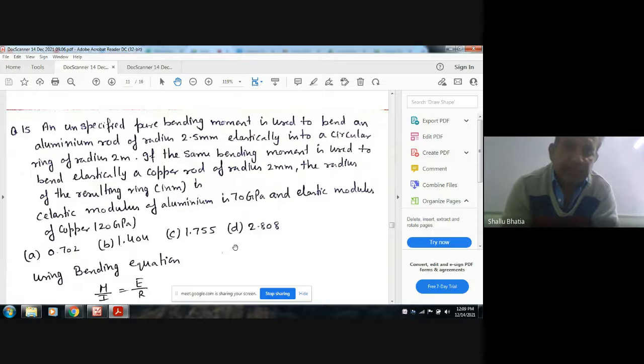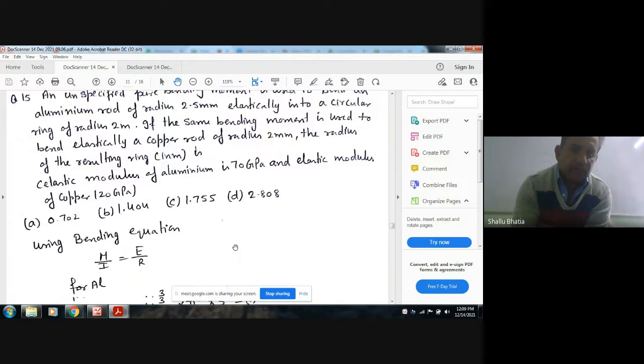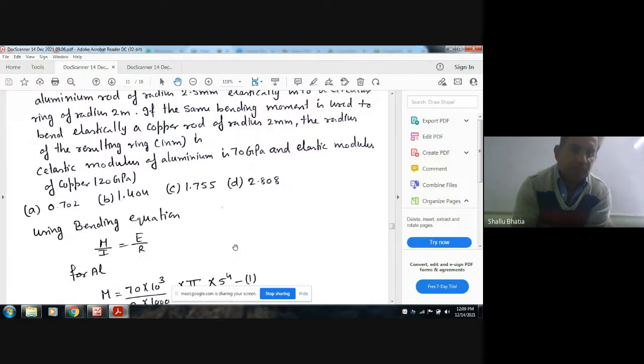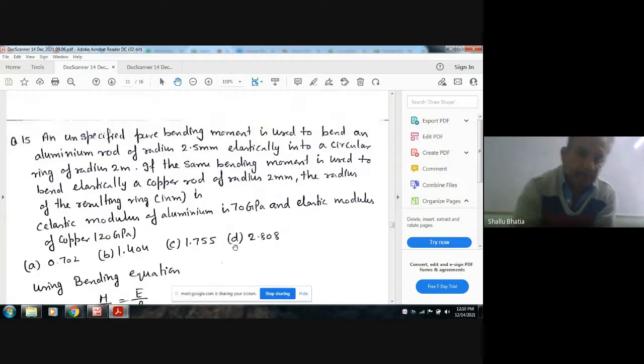If the same bending moment is used to bend elastically a copper rod of radius 2 mm, the radius of the resulting ring in meter is: elastic modulus of aluminum is 70 GPa and elastic modulus of copper is 120 GPa. Option A 0.702, option B 1.404, option C 1.755, option D 2.808.